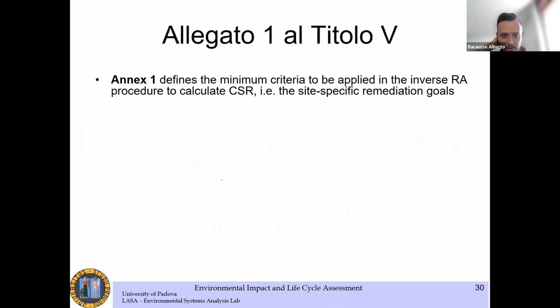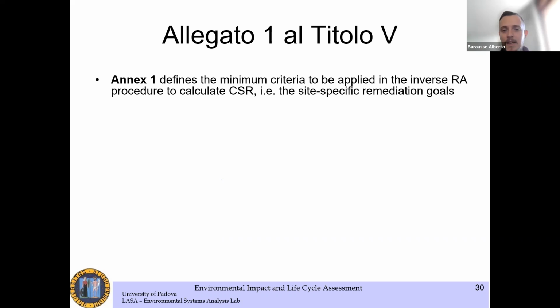So what's important here is to define how you can calculate CSR, which is basically, if you think about the definition I gave in the beginning, an inverse risk assessment procedure. So you define the acceptable risk, you calculate CSR, and then based on that CSR, you understand if your concentration is above or below that threshold, and so if you need or not to do remediation.